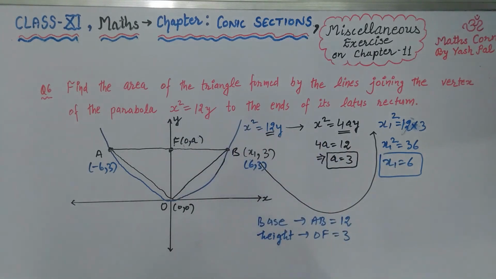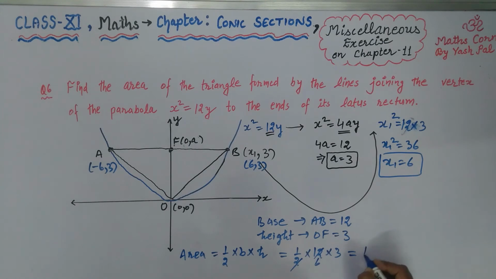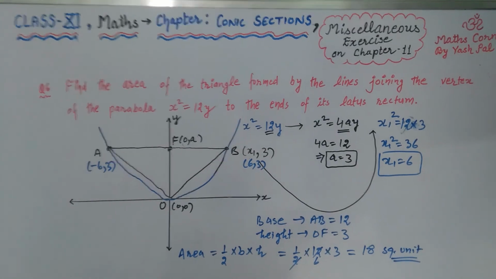So the area of the triangle is equal to half into base into height, which becomes 1 by 2 into 12 into 3, so 18 square units is the area of the triangle.